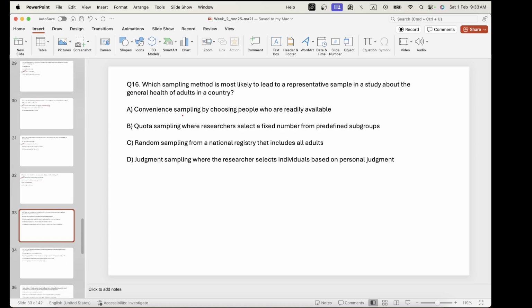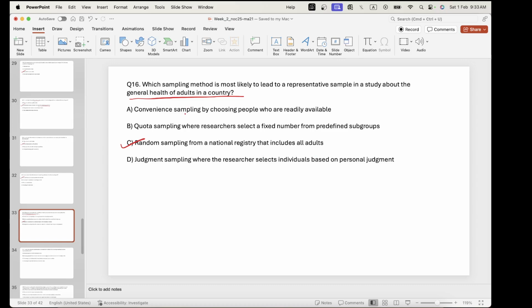Moving on, which sampling method is most likely to lead to a representative sample in a study about the general health of adults in a country? I want the general health of adults in a country, so the most representative sampling would be a random sampling from a national registry that includes all adults.